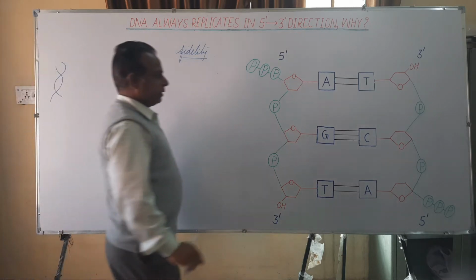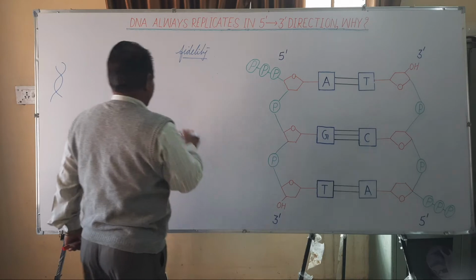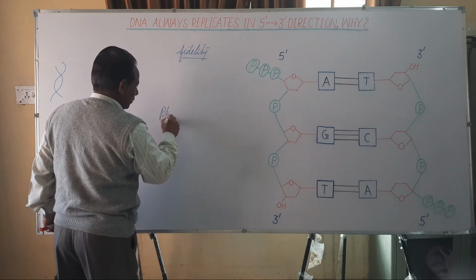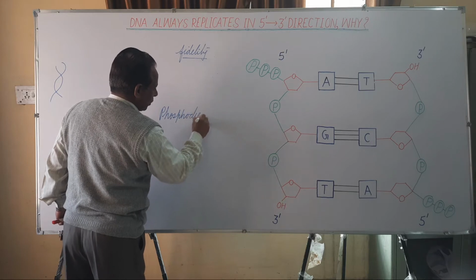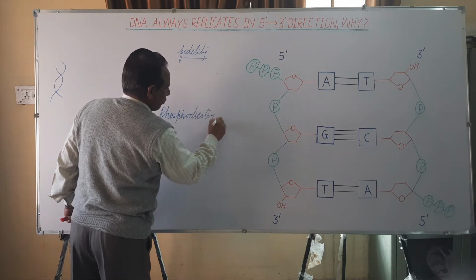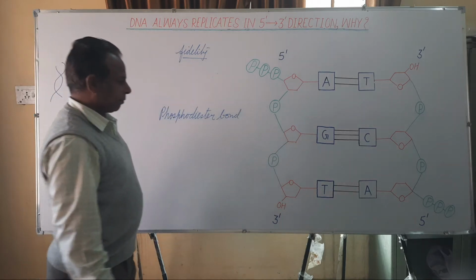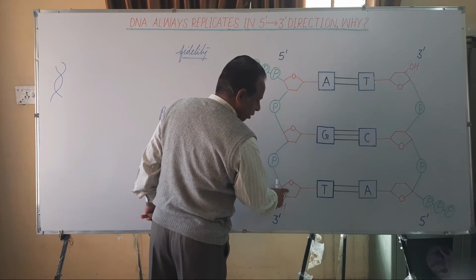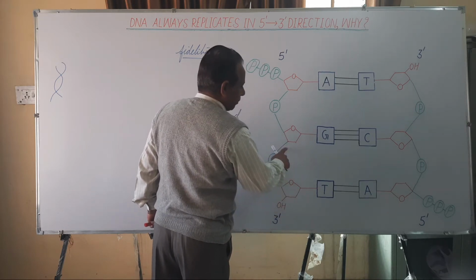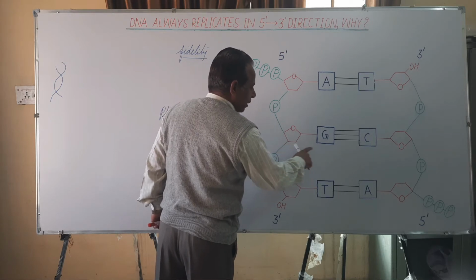We know DNA is a double helical structure, consisting of two polynucleotide strands. Each nucleotide is linked with the adjacent nucleotide by a phosphodiester bond formed between the phosphate group of the fifth carbon of the pentose sugar of one nucleotide with the OH group present on the third carbon of the pentose sugar of the adjacent nucleotide.